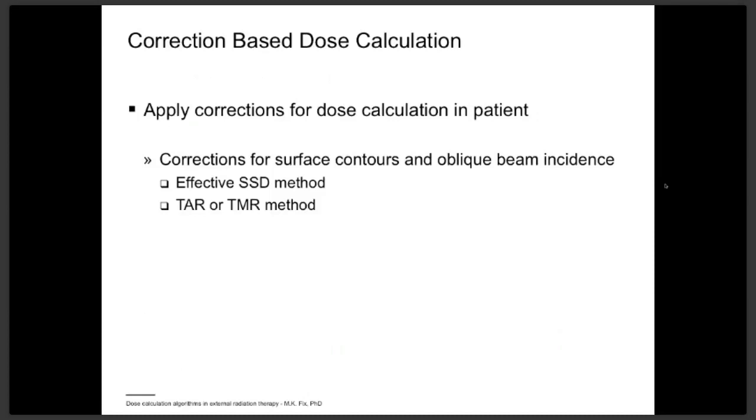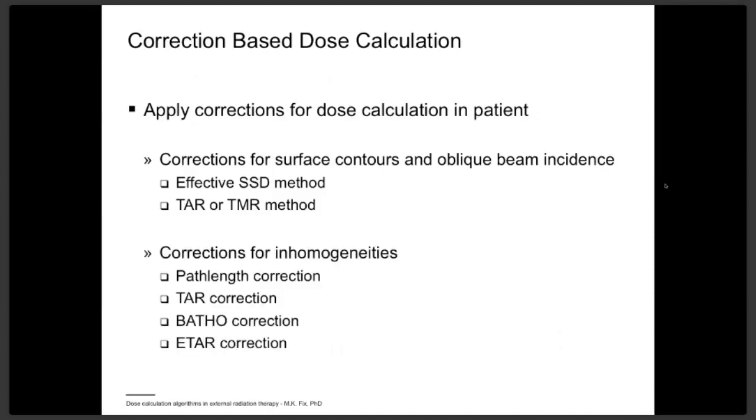I look into the surface contours. So we don't have this plane surface like we have in the water phantom for the patient. And there are two potential methods which are used for correcting this. The one is the effective SSD method, and the other one is the tissue air ratio, tissue maximum ratio method.